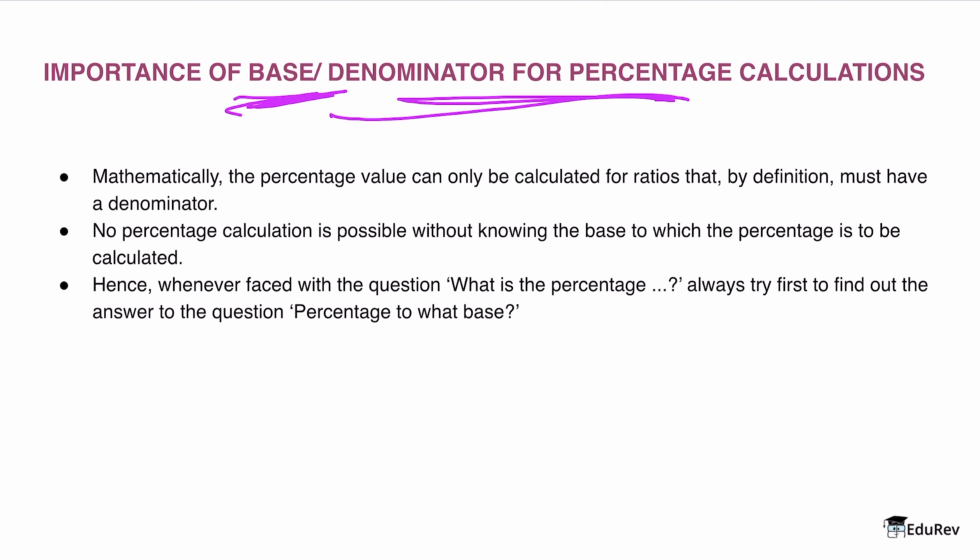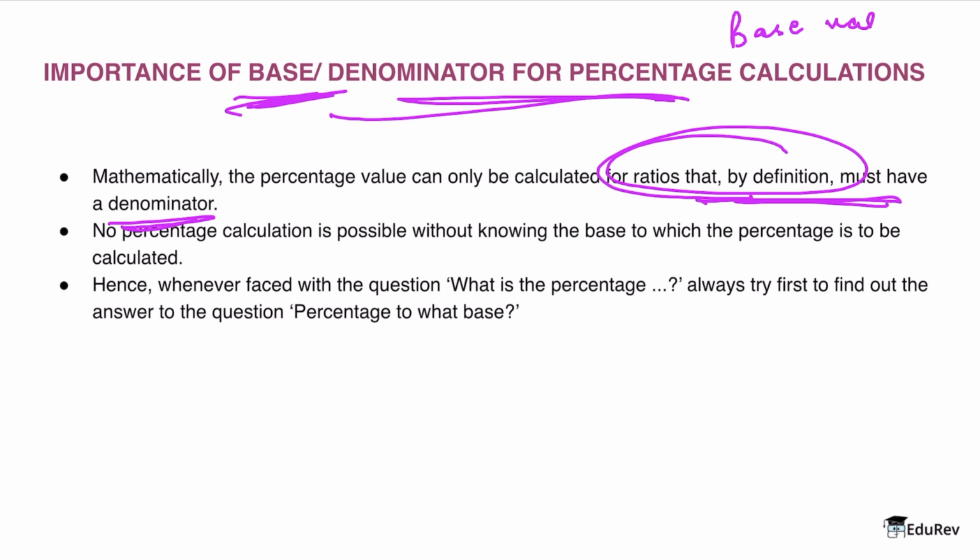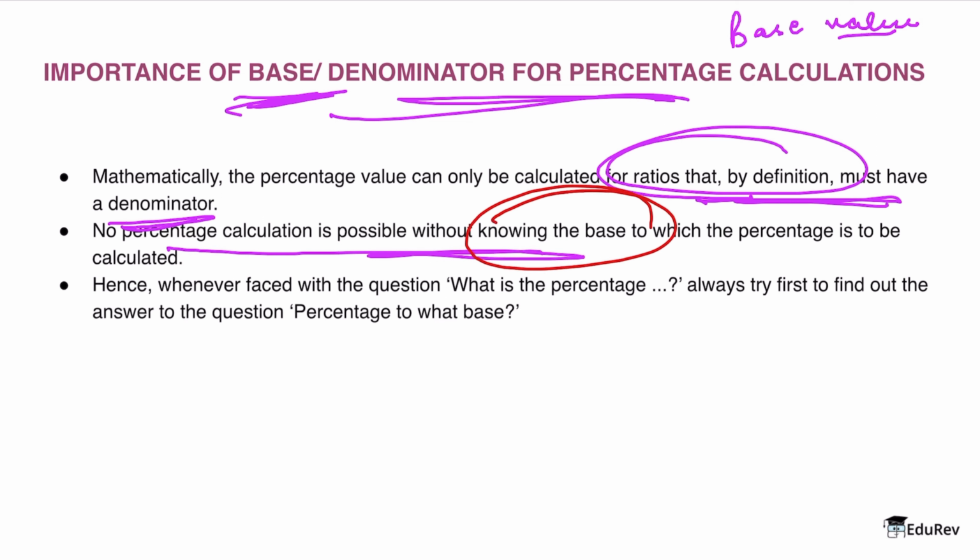Now mathematically the percentage value can only be calculated for ratios, and that by definition must have a denominator. Hence, one of the most critical aspects of percentage is the denominator, which in other words is also called your base. It's called your base value of the percentage. Now no percentage calculation is possible without actually knowing the base to which the percentage is to be calculated.